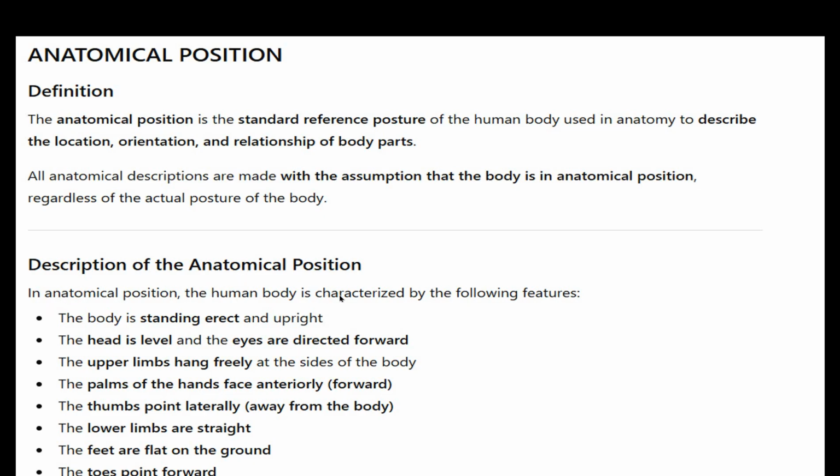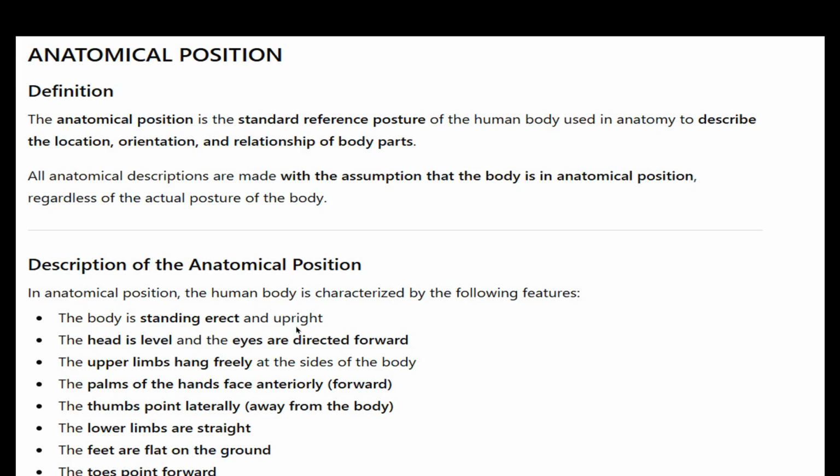Now here I have noted down some descriptions related to the anatomical position. In anatomical position, the human body is characterized by the following features. The first point says the body is standing erect and upright.